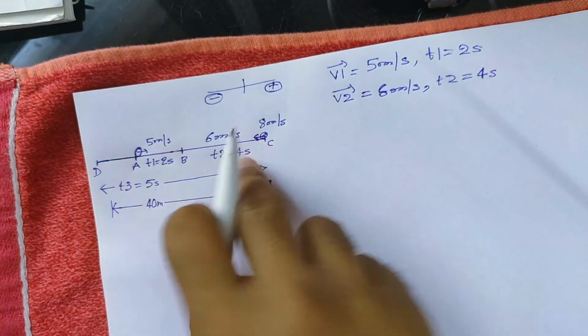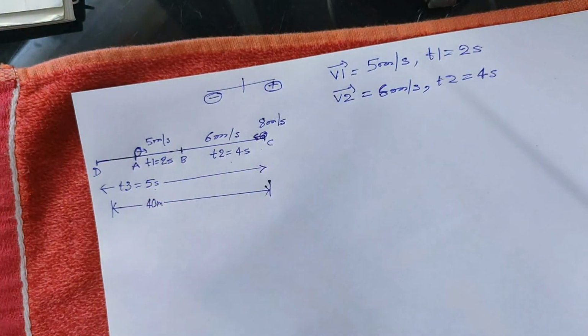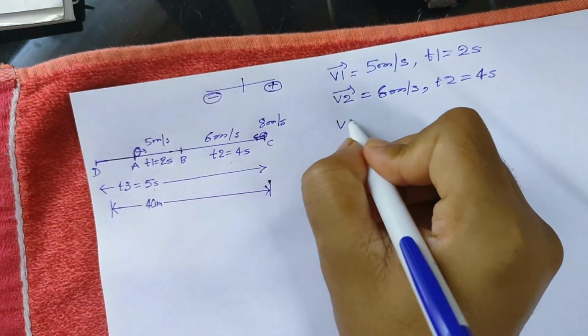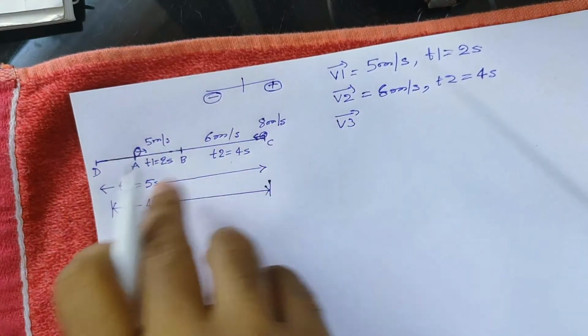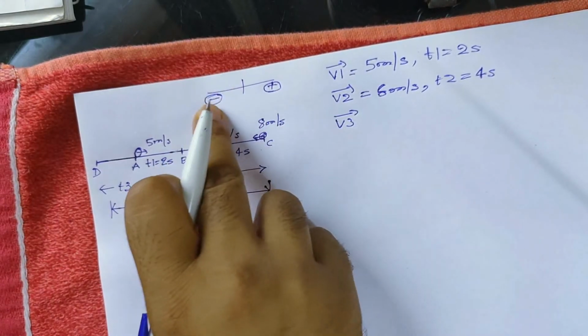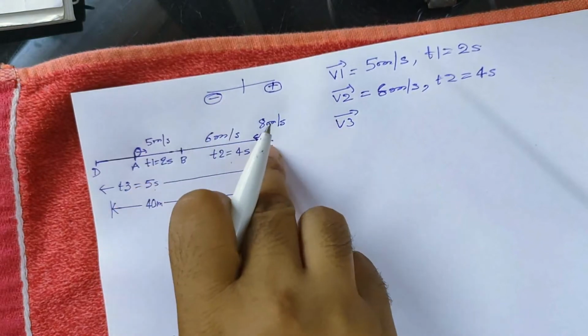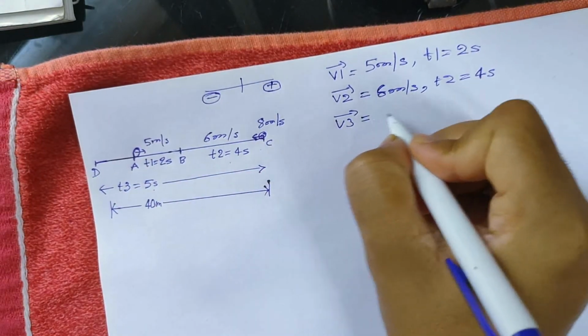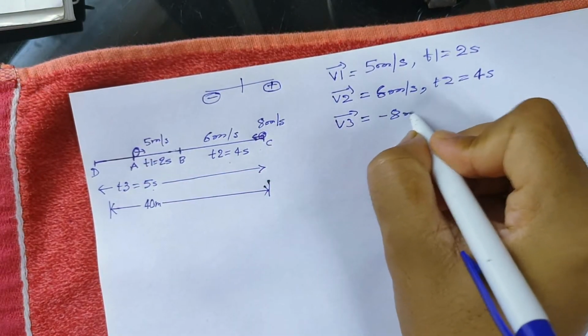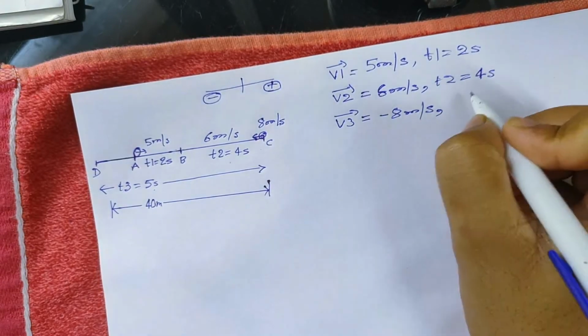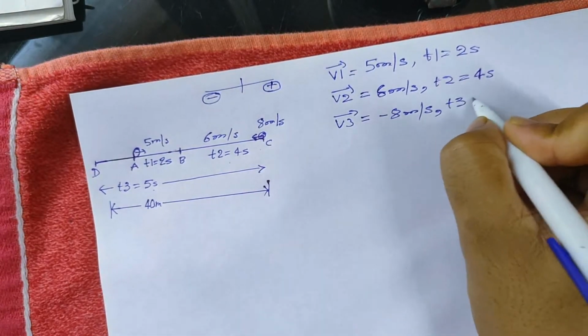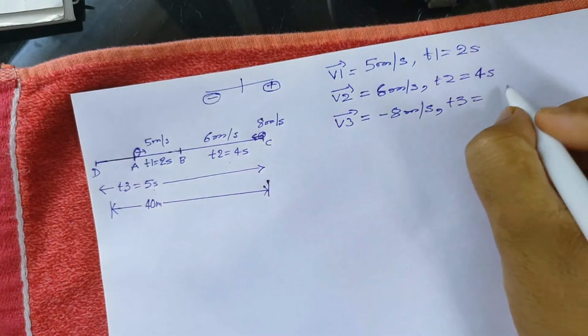And then what is the value of velocity, plus or minus? Tell me. Left side of the x-axis we have taken negative, so it will be minus 8 meter per second. Fine, guys. And the duration is t3 equal to 5 seconds.